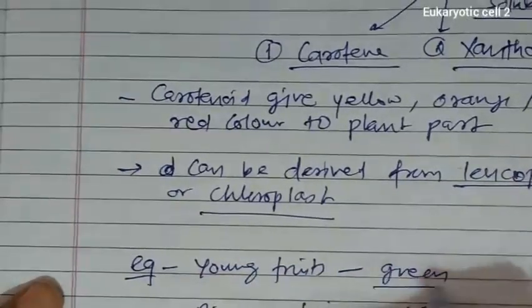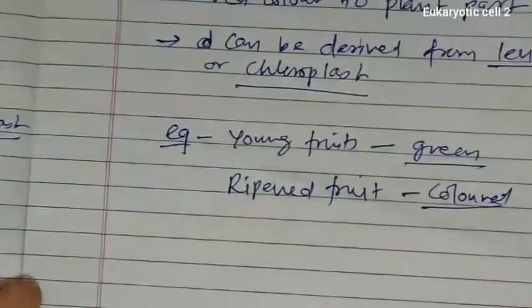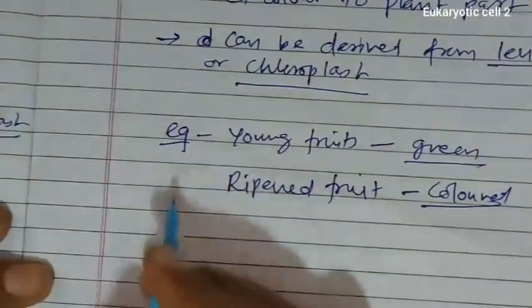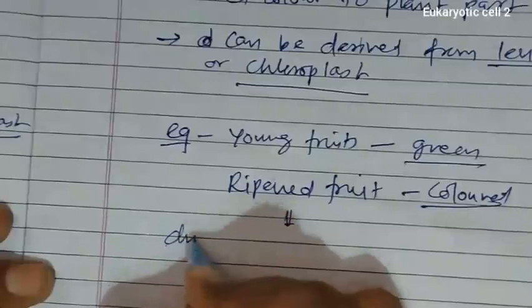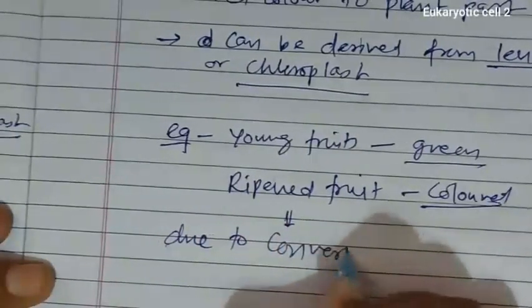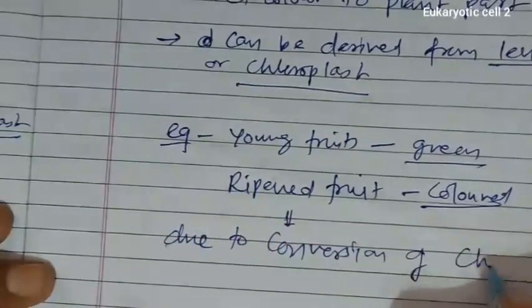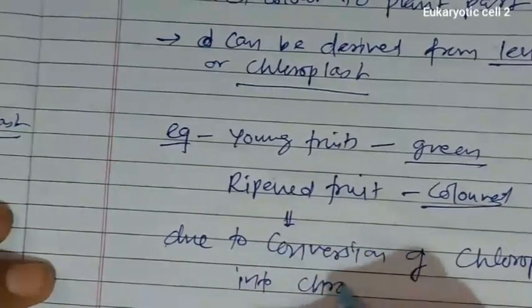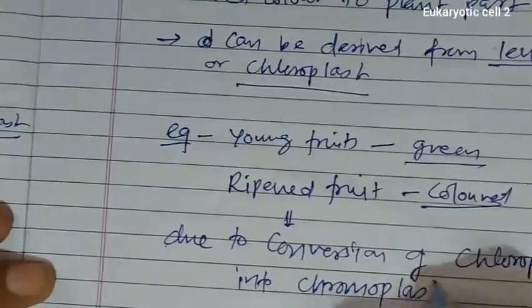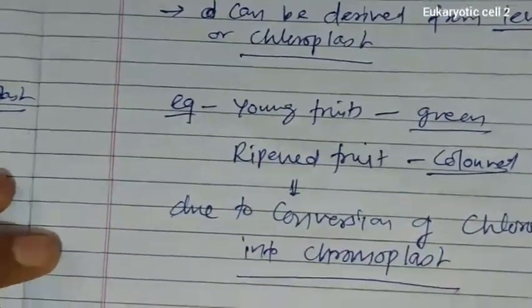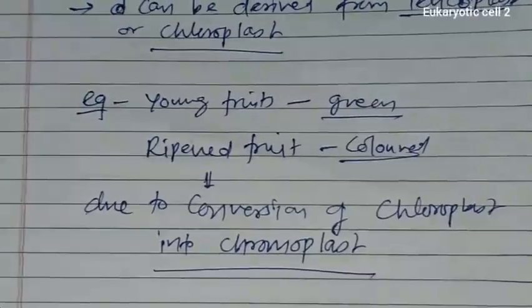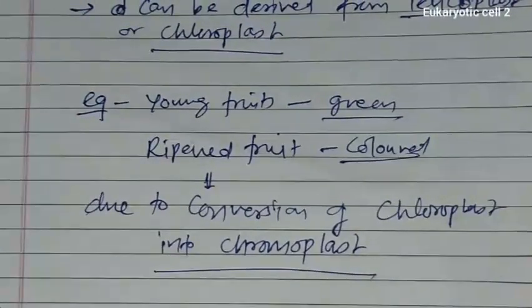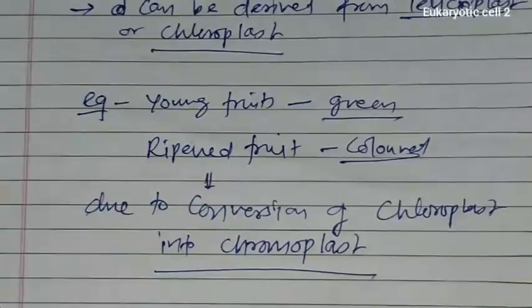Or if we say a chili, that is also green when it is young, but when it gets ripened it becomes colored. This is due to conversion of chloroplast into chromoplast. So that is all about the chromoplast, colored plastids which have fat soluble pigment characteristics.